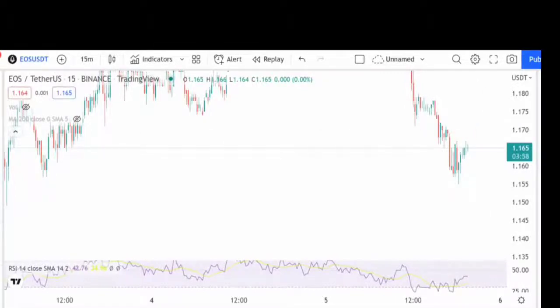So how do I make you see this? Let's go to Binance and see. Check two exchanges and compare the prices, so that you can see what EOS is.